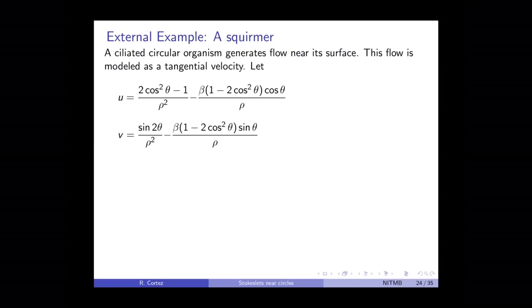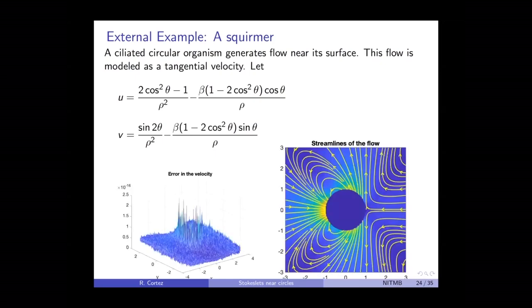So the idea is, I'll just show the result. The idea is that we have a velocity condition that is tangential here on the boundary, and then given that velocity, I have to solve for the forces on the boundary that produce that velocity.